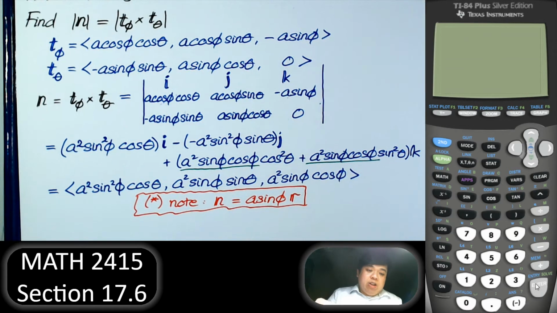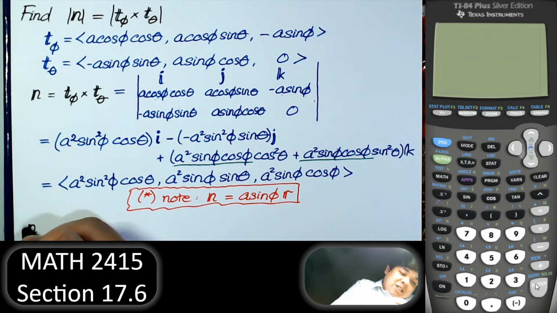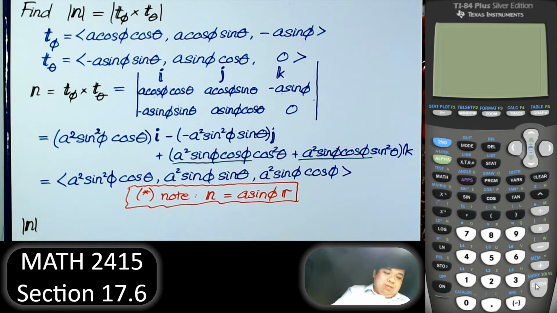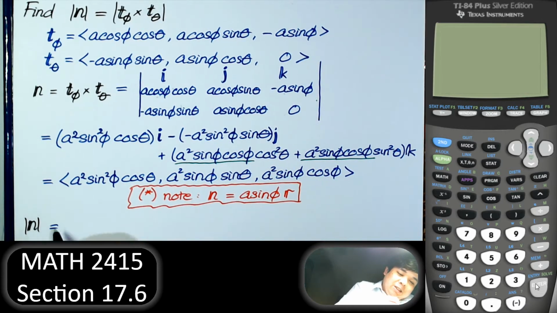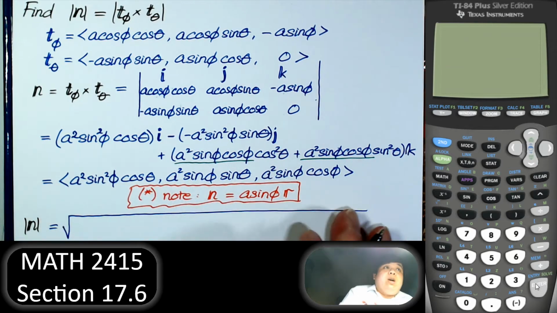Right, but on this one we want the magnitude, so more work. Magnitude. So those are the components, right?